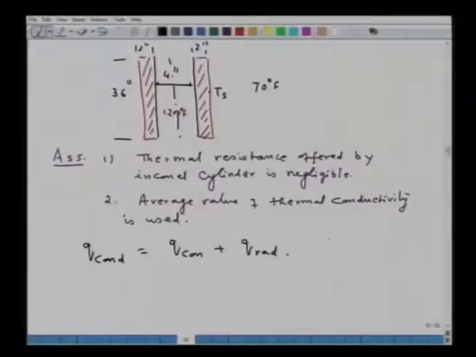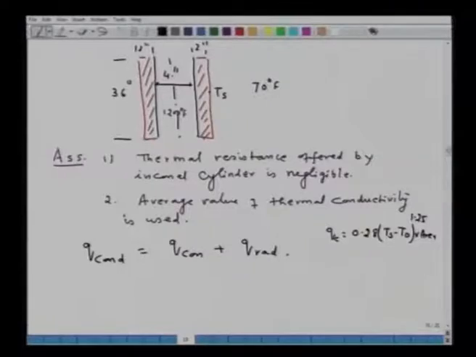For Q convection, as I already told you in my lecture on convective heat transfer, QC is equal to 0.28 into (Ts minus 20) raised to the power 1.25 into area. This formula is already known to you. It is in fact a cylindrical type of furnace, so you have to substitute the values accordingly. I am leaving this problem, you should do it. I will simply write down the answer.